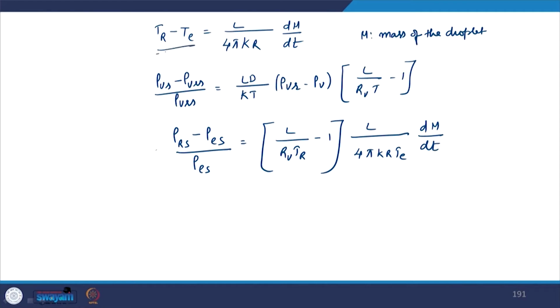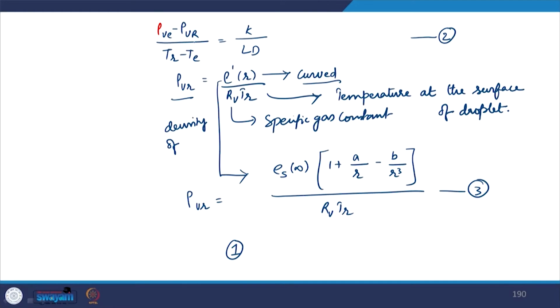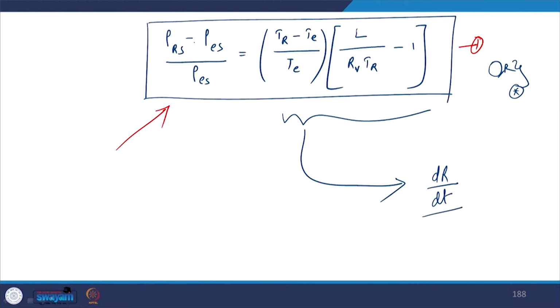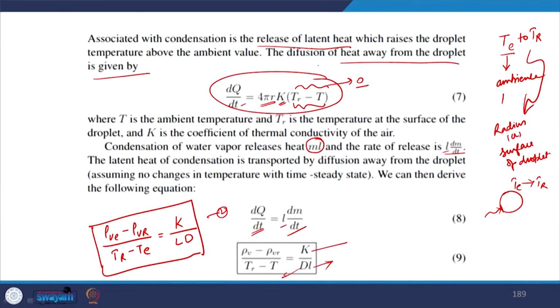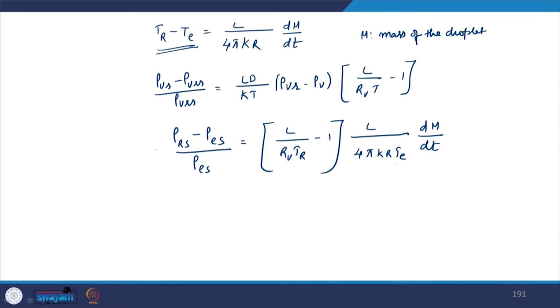So, this is T_r - T_e that we have used in this expression, right. So, T_e still remains the same, right. T_e is still here, right. So, let us now try to simplify this equation. Okay.